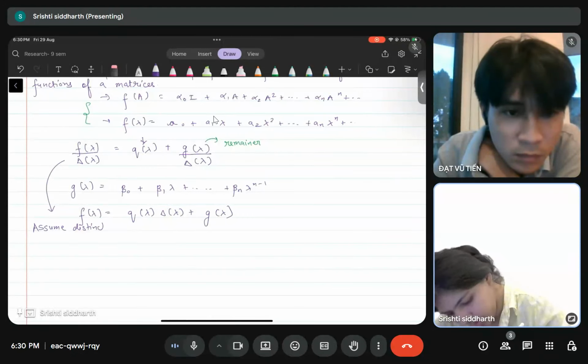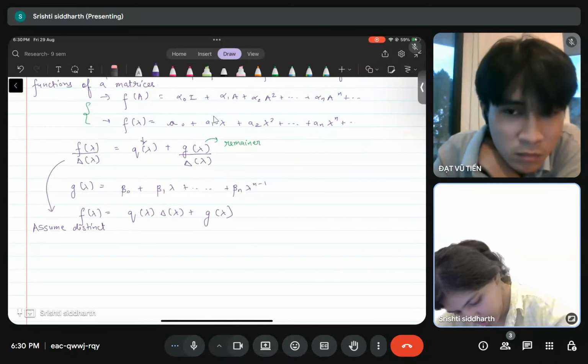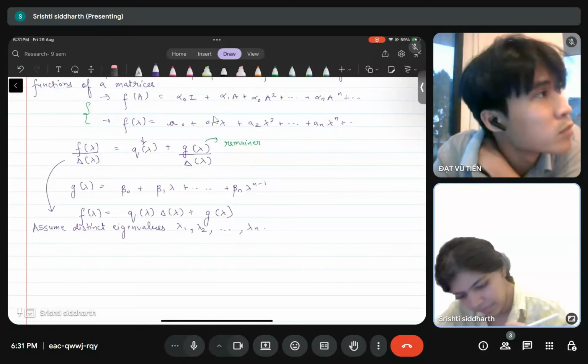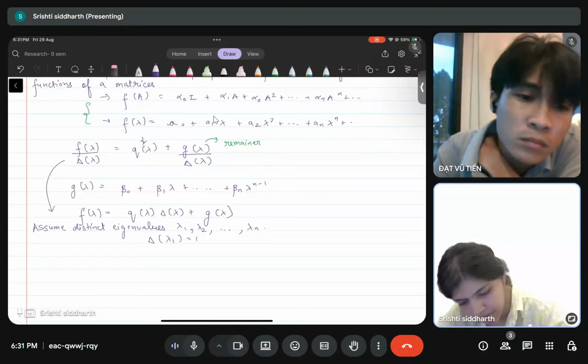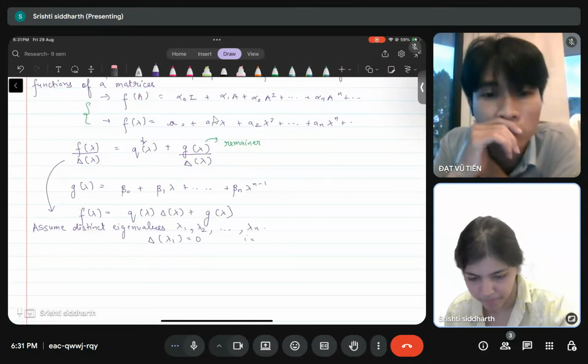This would still work for repeating eigenvalues, but let's assume distinct eigenvalues for A as lambda 1, lambda 2, to lambda n. This means that for every lambda i, this term would be 0, right? Because this is the characteristic polynomial.